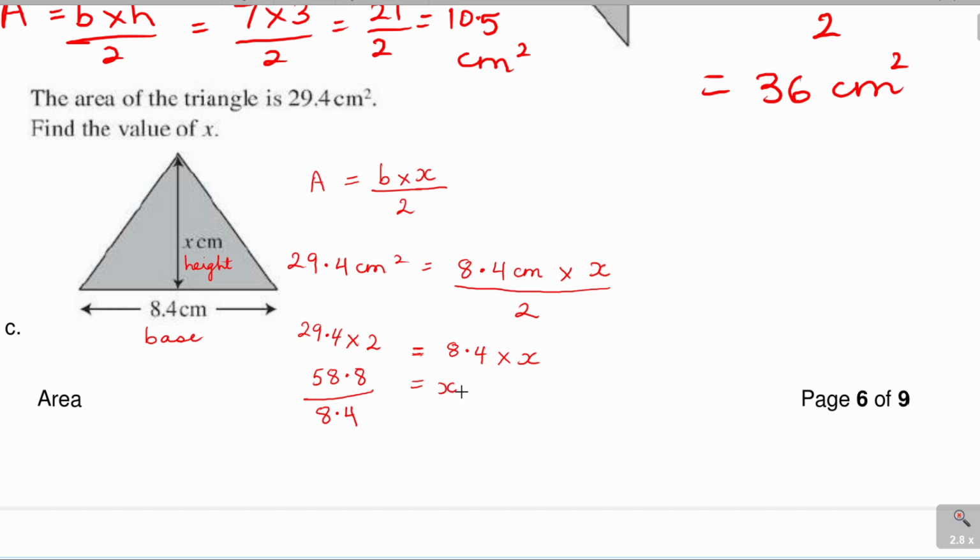And I'm left with the x. So now we have 58.8 being divided by 8.4, and that will give me 7. So my x here is 7, but it's not just 7. Okay, it's 7 centimeters. So we need to write that x is equal to 7 centimeters.